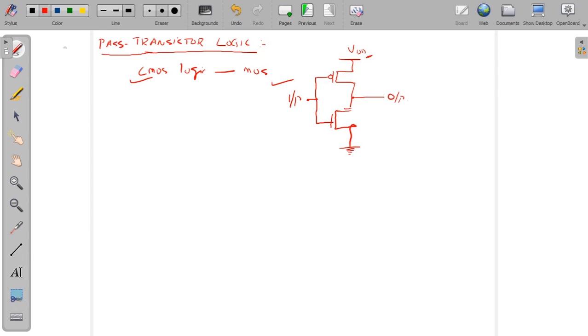Now we will see how to use the MOS devices in the case of pass transistor logic.